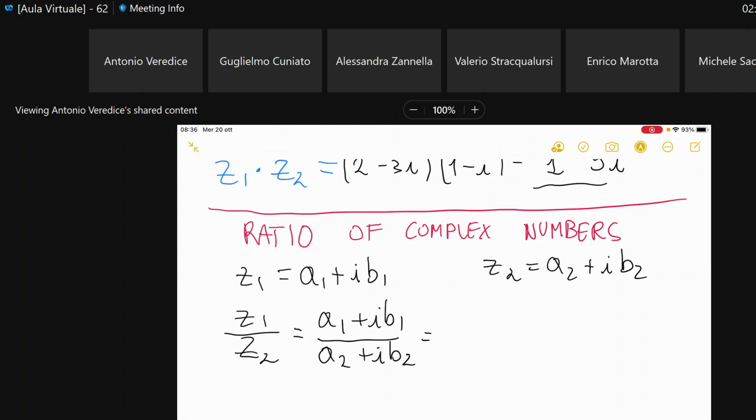We don't have the form A plus iB. Which one is A and which one is B? Because we have i in the numerator and also in the denominator. So it's not good. This form doesn't work.